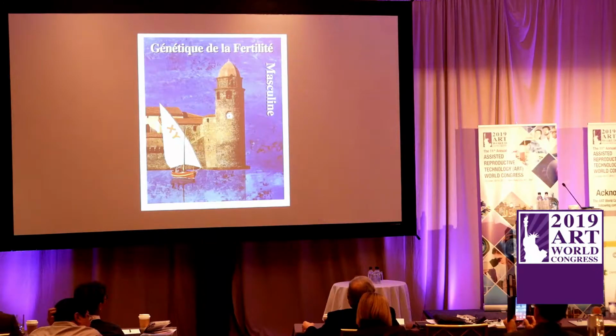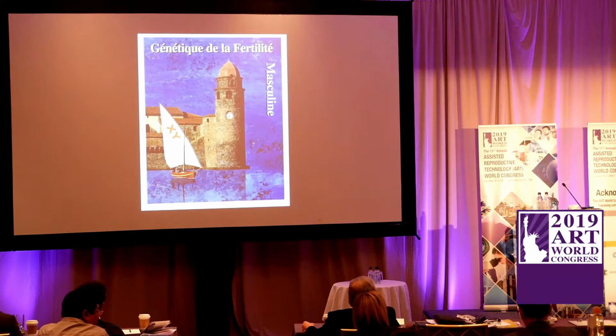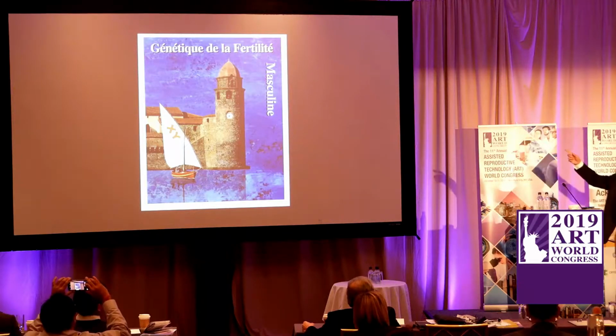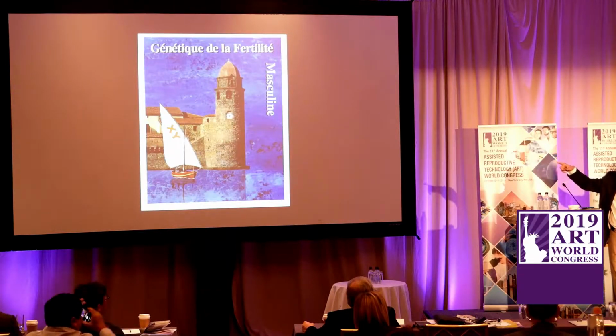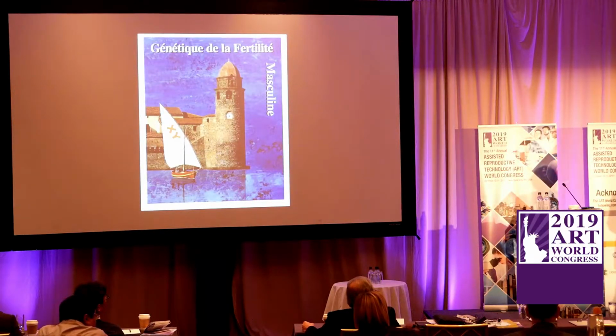I feel horrible because I tell the joke so many times, and dear friends have heard the joke so many times. But I love this slide because it was made by the French. It's about the genetics of infertility. And back in the 60s, when I was a student, they used to summarize the genetics of infertility that if your grandparents didn't have children and your parents didn't have children, well, at least statistically, it was unlikely that you were going to have children.